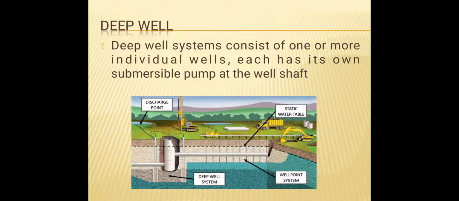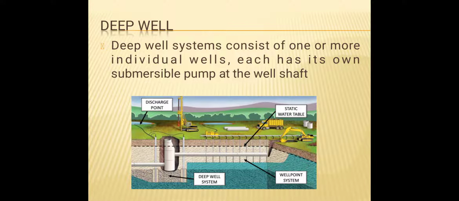Deep well is the second system. A deep well system consists of one or more individual wells, each with a submersible pump at the well shaft. In the figure, the deep well system is placed under the ground, and the pipeline structure is attached to the deep well system.